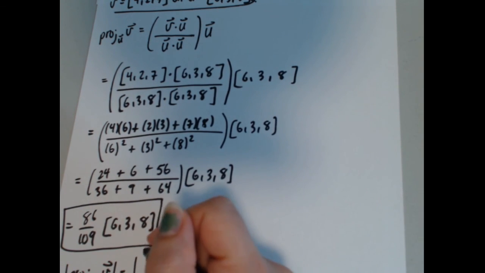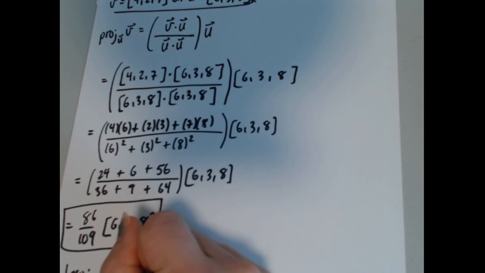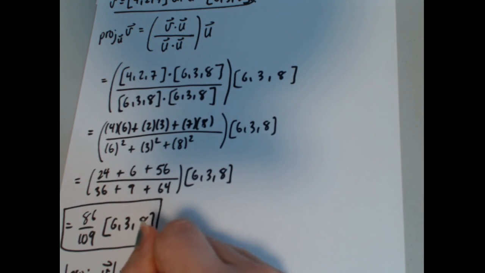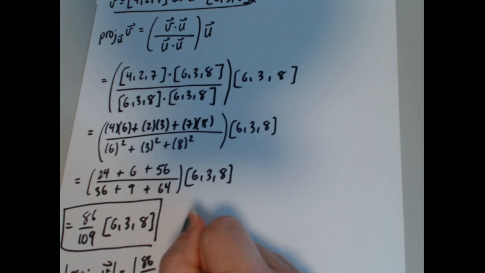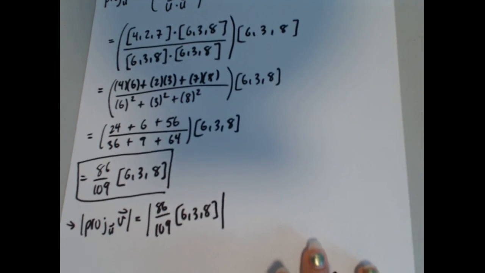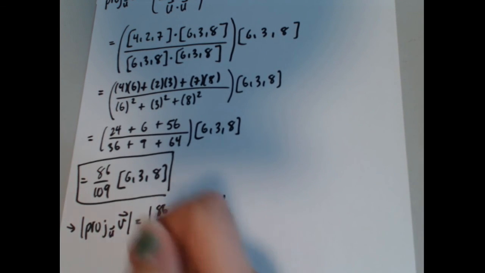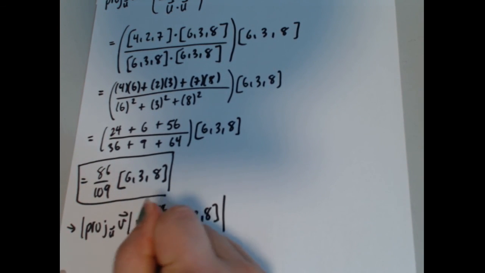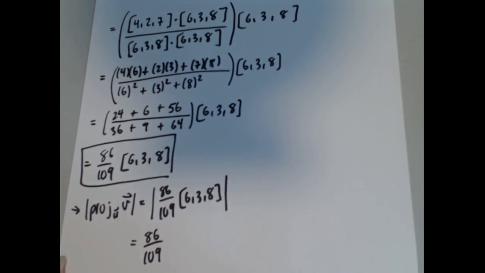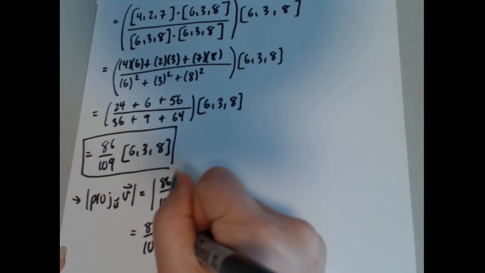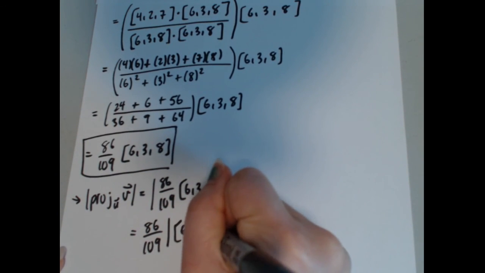So that's the magnitude of 86 over 109 times vector 638. Now the magnitude of 86 over 109 is 86 over 109, so I can take that right out of the absolute value bracket. So it's 86 over 109 times the magnitude of vector 638.